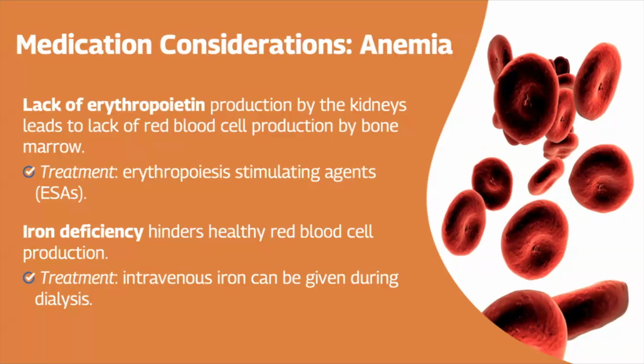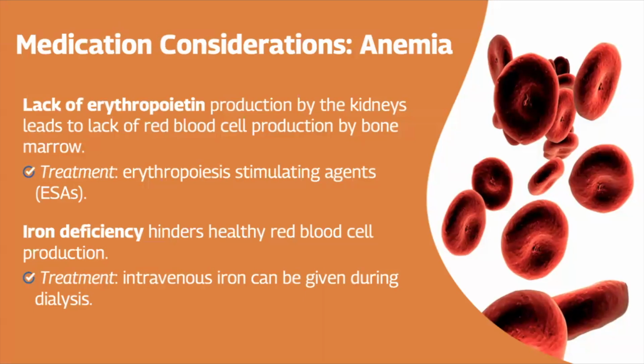The normal kidneys release a hormone, erythropoietin, which stimulates the bone marrow to produce new red blood cells. Many patients on dialysis have anemia due to the fact that the kidneys only produce a small fraction of the epogen needed, or EPO needed.